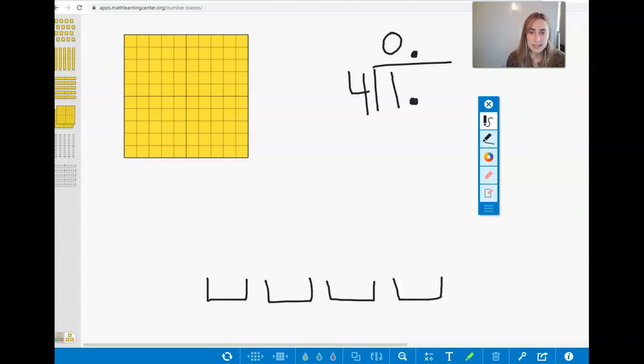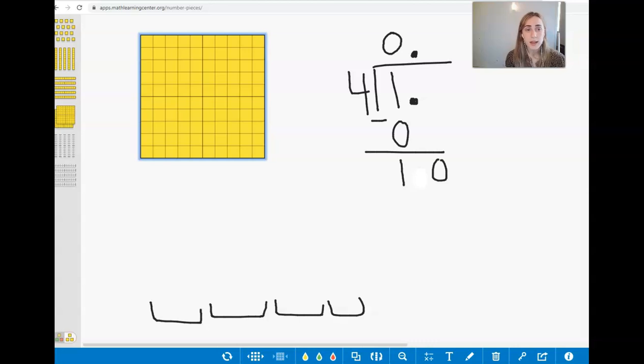So when I say 0 times 4, 0, and I subtract here, this is where I said, okay, it doesn't go in. And now I'm making my 1 into 10 tenths. And I'm doing it so that I can divide those 10 tenths into groups of 4 as best I can.